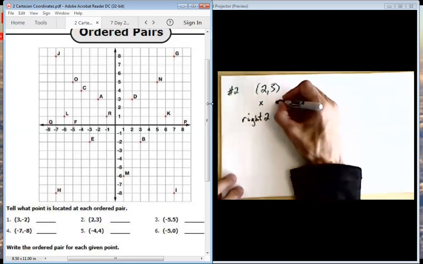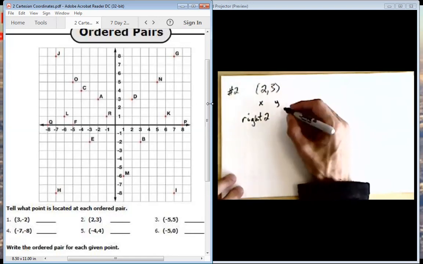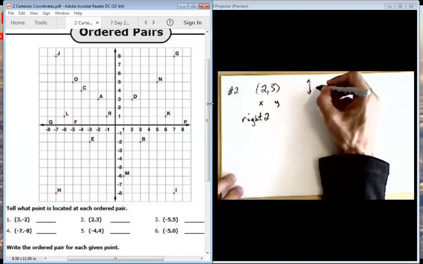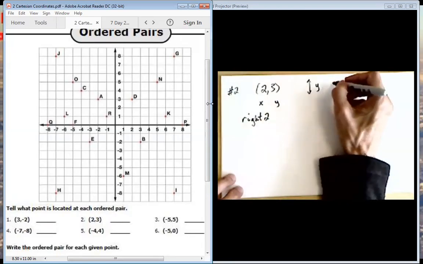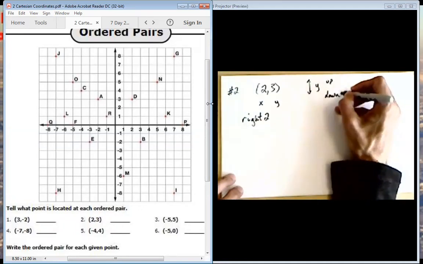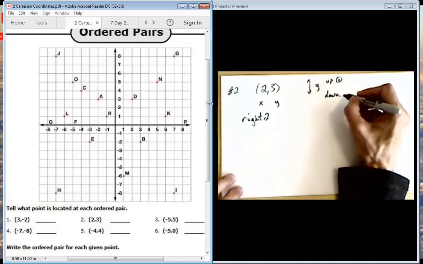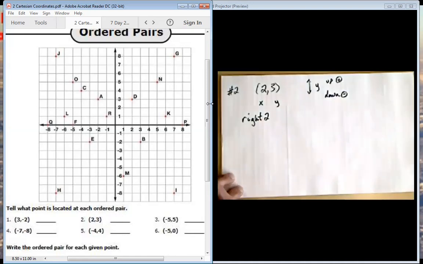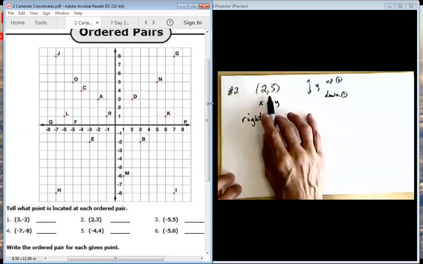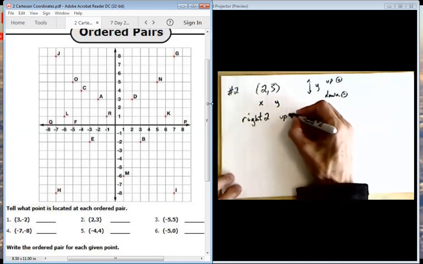And for the y direction, where do we go? For the y direction is up and down. So we have to decide, are we going to go up or do we go down? If it's positive, we go up. If it's negative, we go down. So this is a +3, right? So that's going to go up by 3.